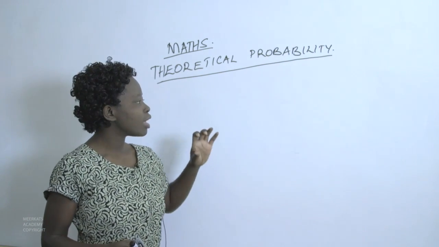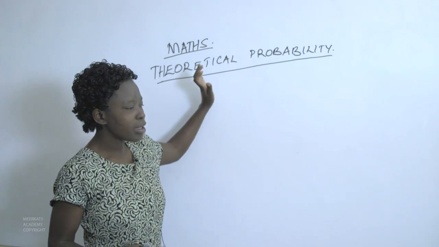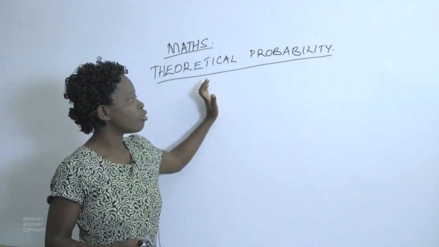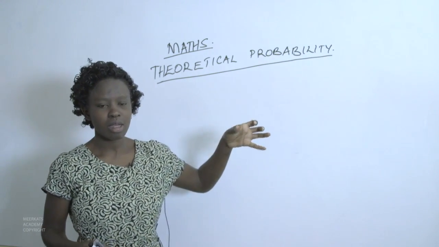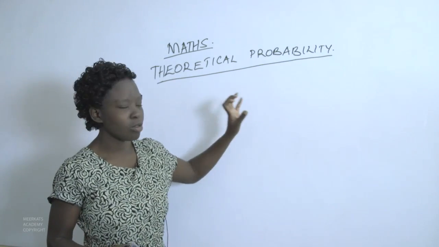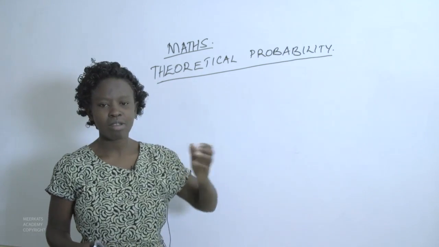So the actual expected probability of tossing a head or tossing a tail when you are tossing that given coin is just 1/2.